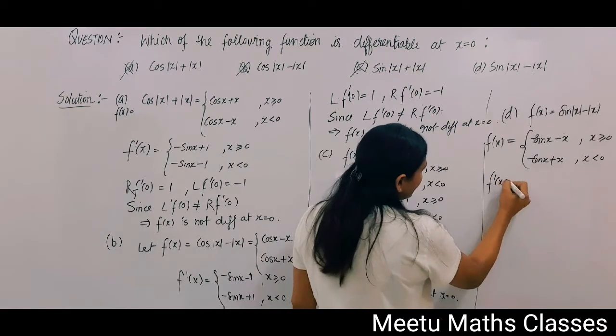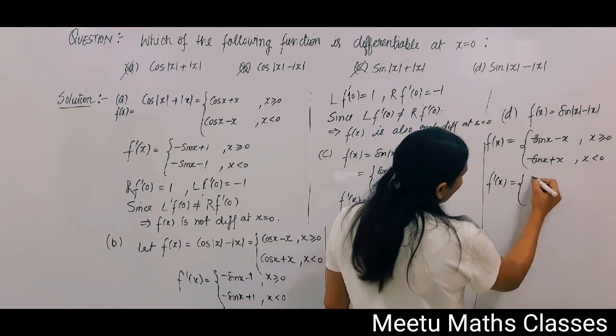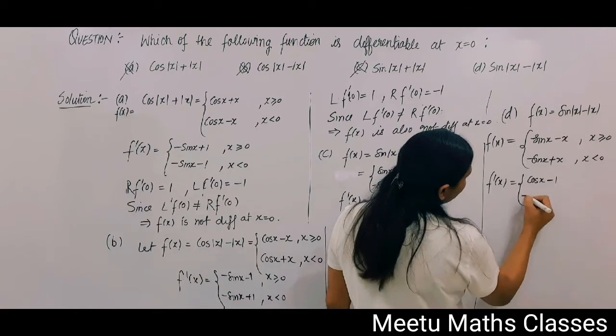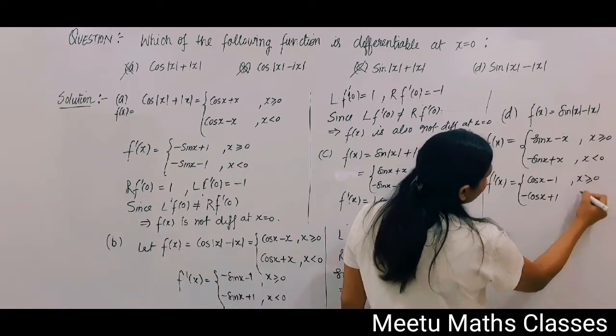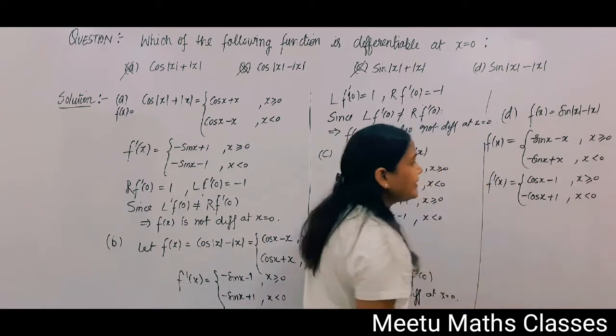Now the derivative function will be cos x minus 1 when x is positive and minus cos x plus 1 when x is negative.